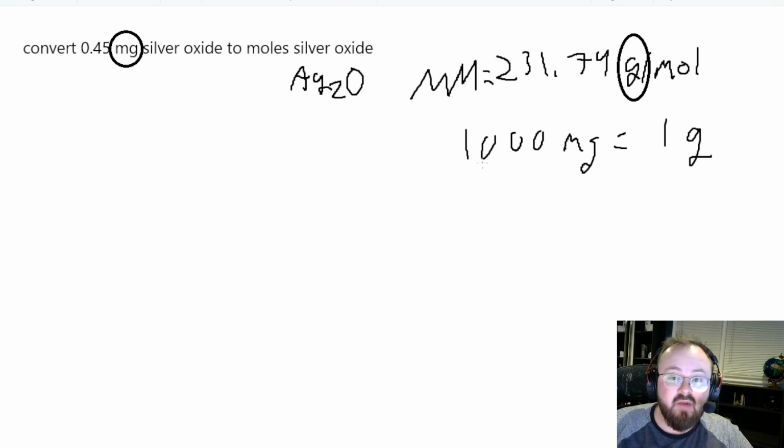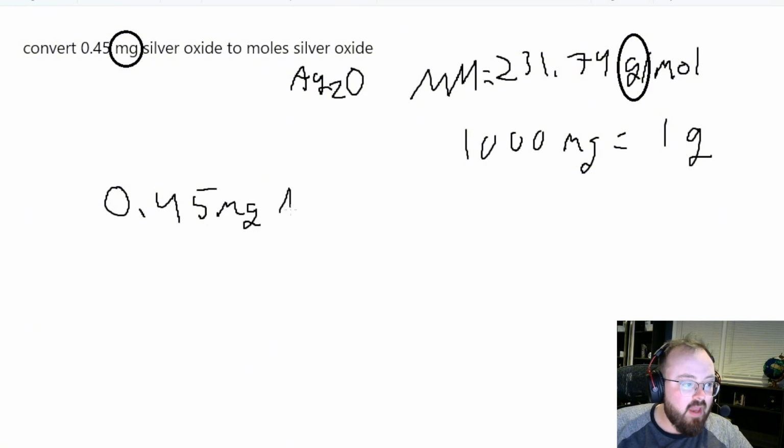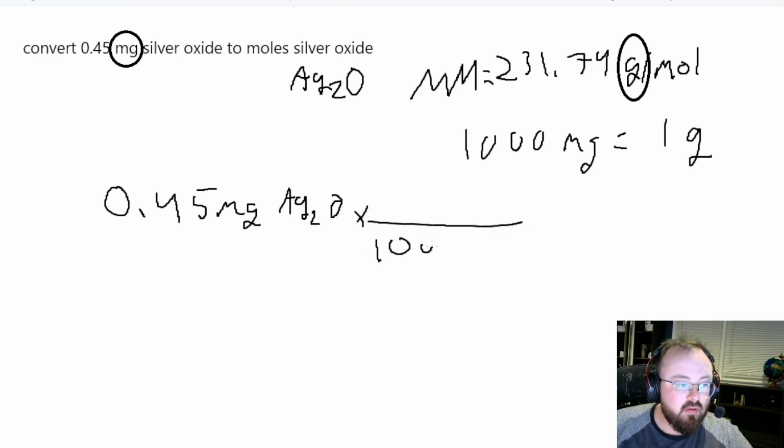So the first thing that we should be doing right here is taking 0.45 milligrams of Ag2O, or silver oxide, and converting this into grams. And we could say, alright, it's grams of Ag2O.